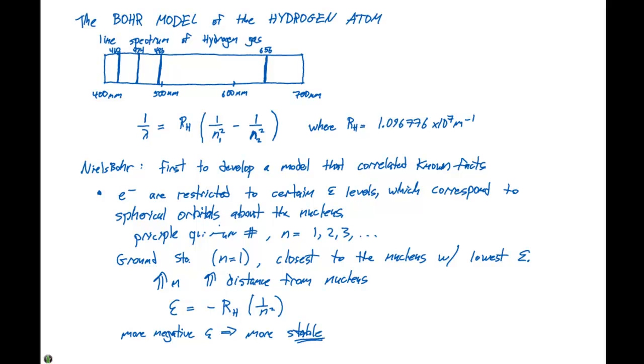So n equals 1 gives the most negative value. And one of the things that we can say about this is that the lower the energy, the more stable. So the more negative, the lower, that's going to give us our lowest value, which is going to make this the most stable.